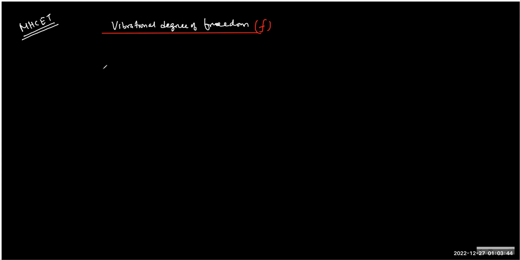So for a diatomic gas with F vibrational degrees of freedom, you need to understand how to write the answer. So the energy, the kinetic energy of a molecule, how do we write it per molecule?